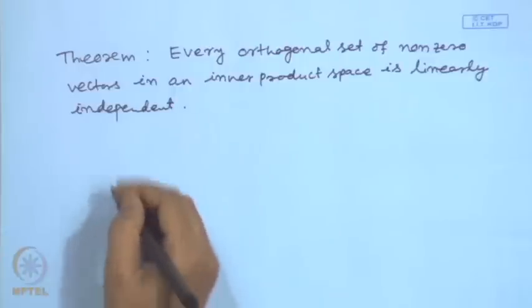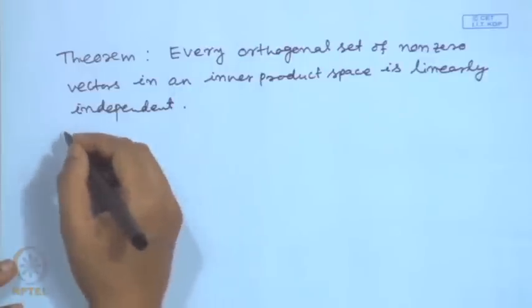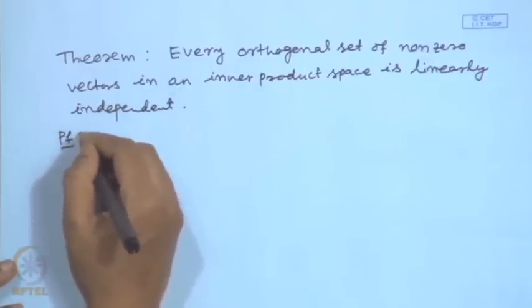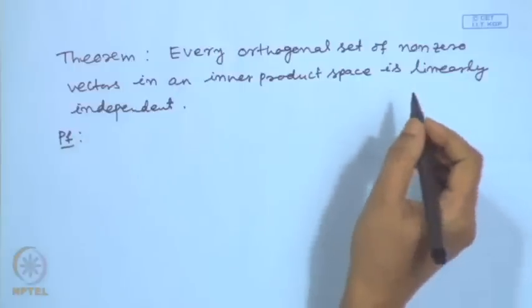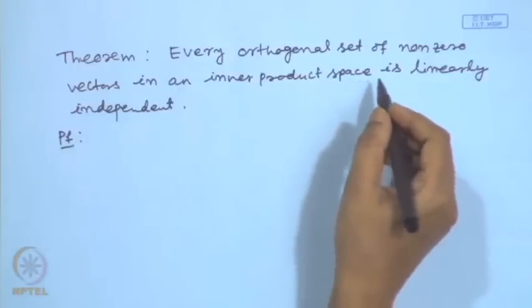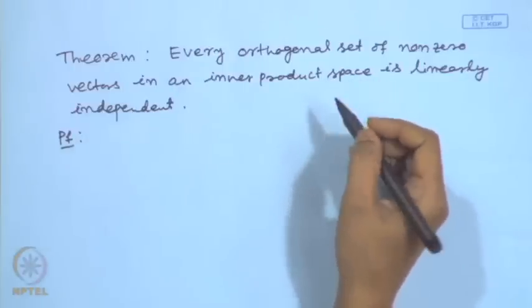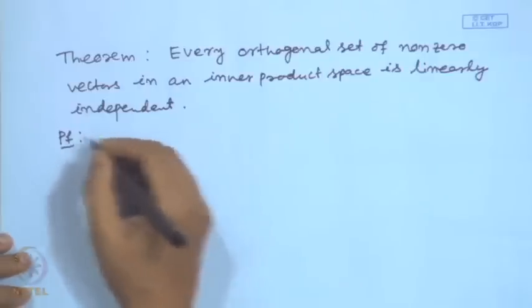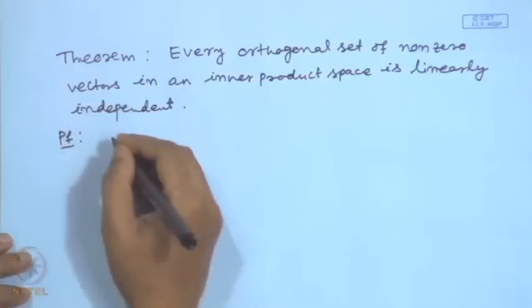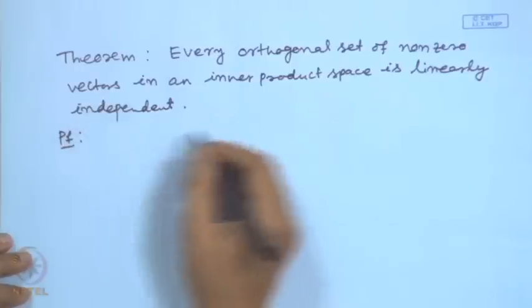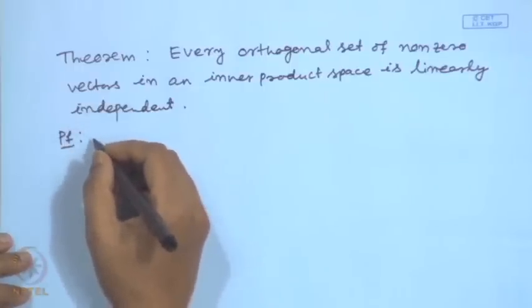Here the set consisting of orthogonal vectors may be finite or infinite, but in any case it will be a linearly independent set.